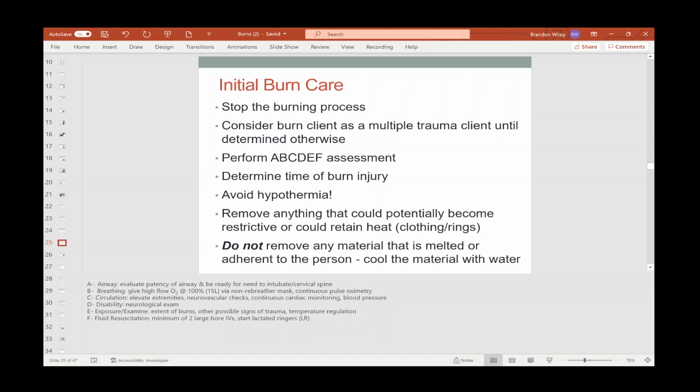So time of injury is important. Avoid hypothermia. What happens with our triangle? We die. Okay, we get into acidosis and we have that whole cascade. Well, we don't want to do that, because from a severe burn you can go into DIC.